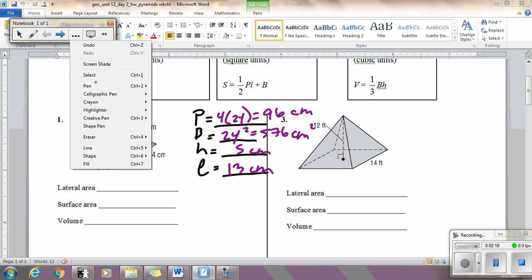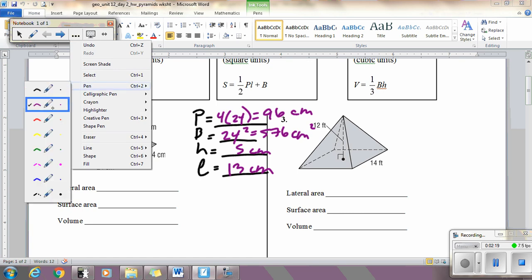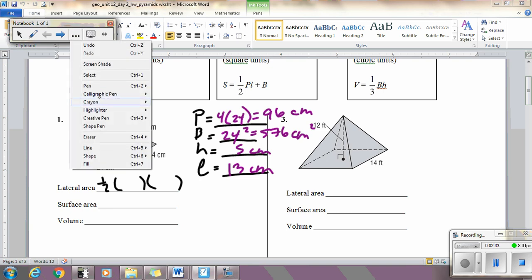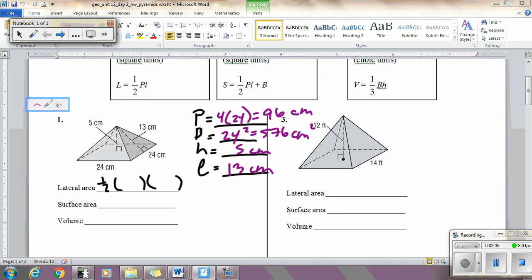To find the lateral area, we're going to take half of our perimeter times our slant height. So half of 96 times 13. We'll put it in the calculator.